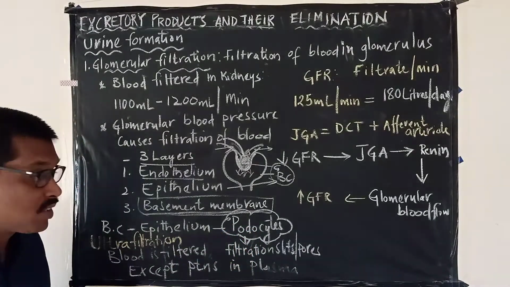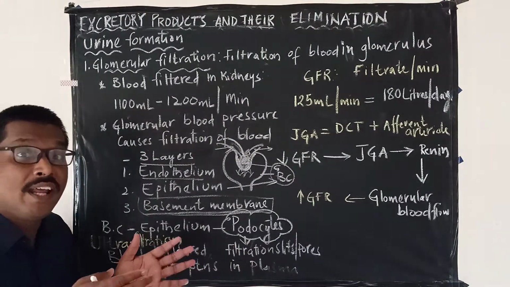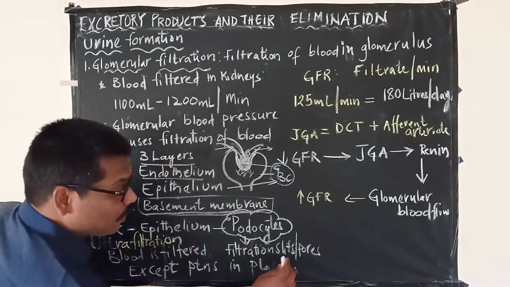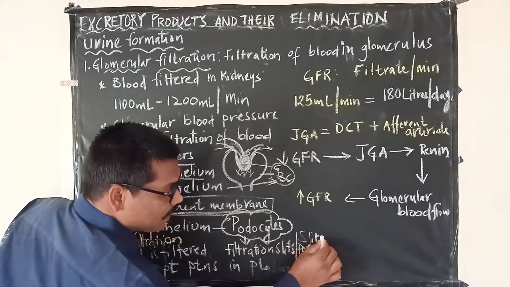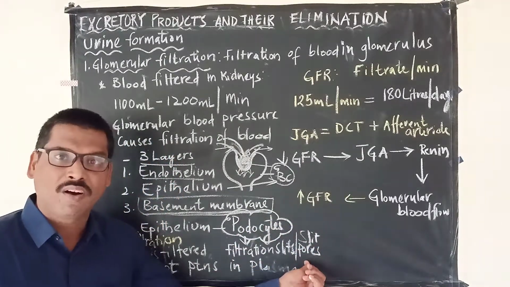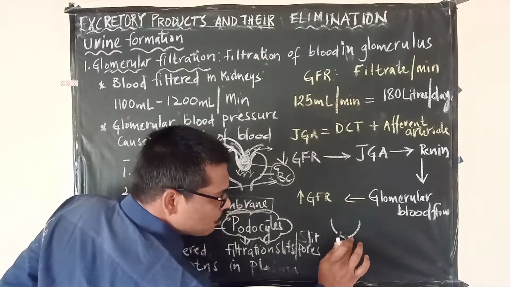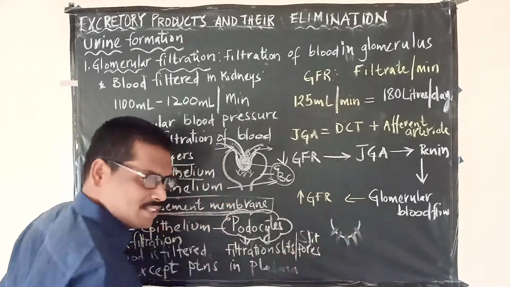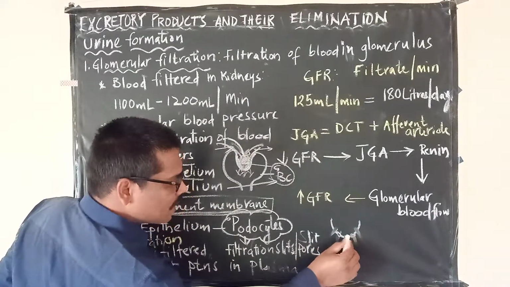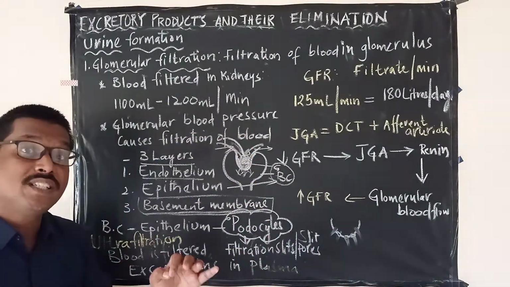They form, in an intricate manner, filtration slits, or slit pores. If this is the Bowman's capsule, it forms openings, and these openings are made up of specialized epithelial cells called podocytes. Through this, the blood is filtered.